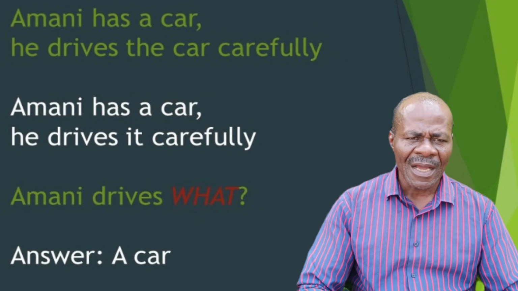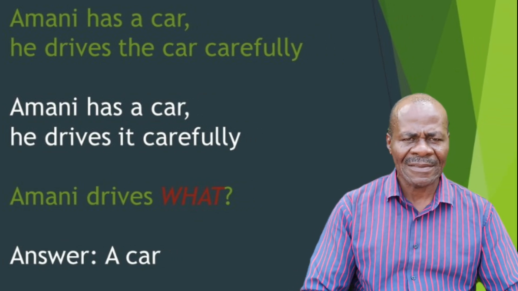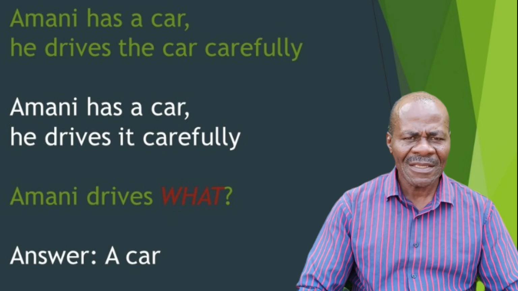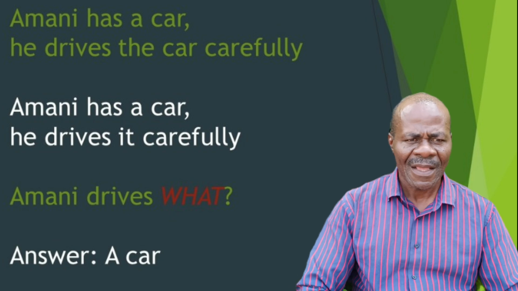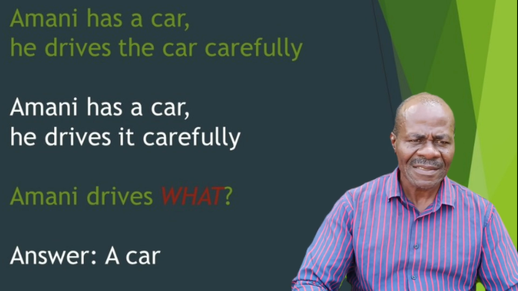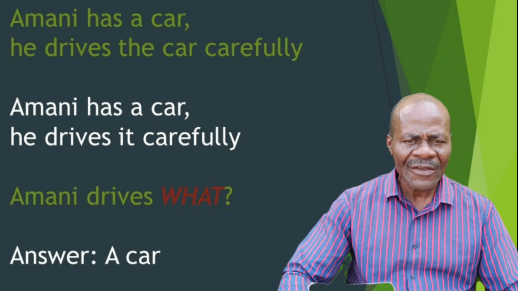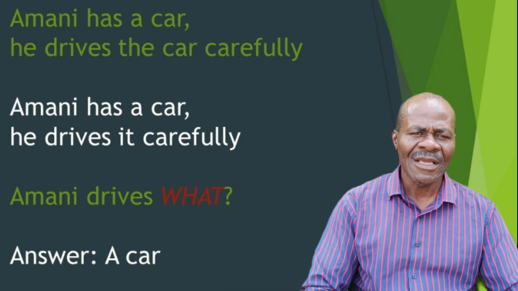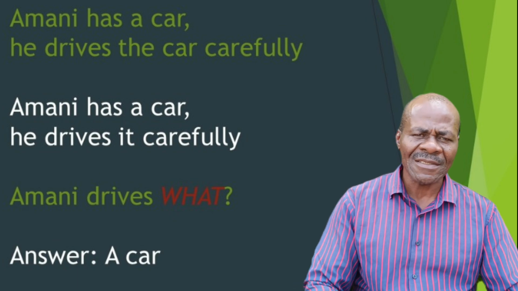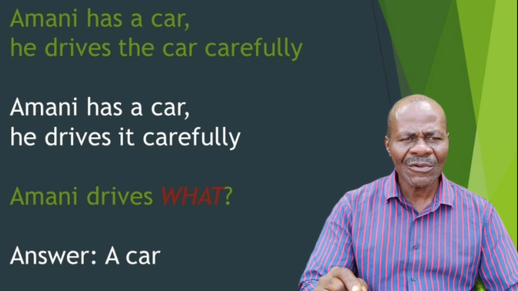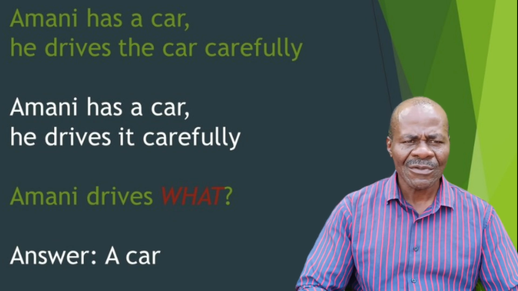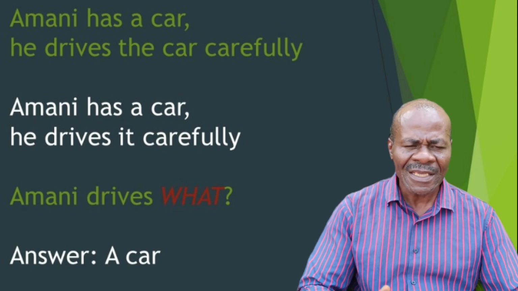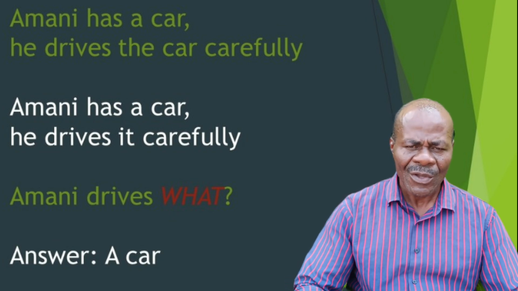Now, example. Amani has a car. Amani drives the car carefully. Amani has a car. He drives it carefully. So now we are looking for the "it" in French. It is a direct object because the question is: he drives what?